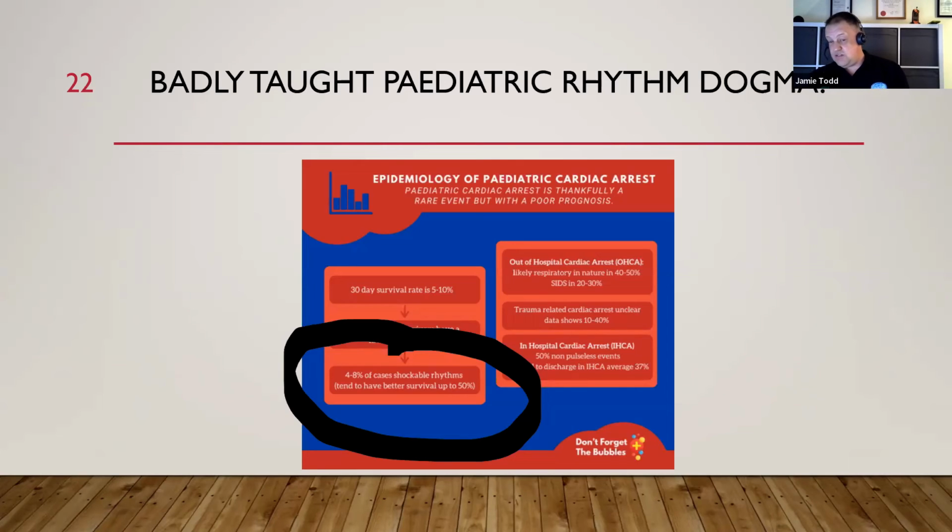You get very few shockable pediatric arrest scenarios run in education. But in this study, 4 to 8% of cases were shockable rhythms, and I've seen other studies that reflected as high as 17%, so only a few percent lower than where the adult average is. So it's really doing people a disservice if we teach them stuff that just isn't true. I think that mindset has been around for quite a long time in my experience.